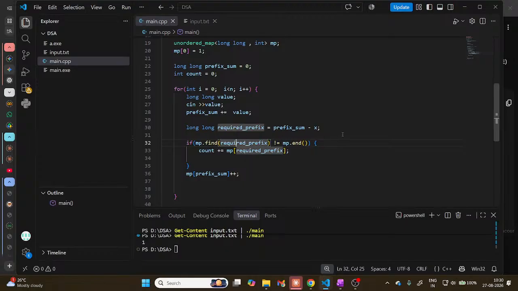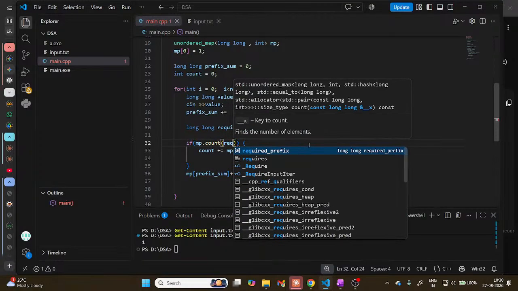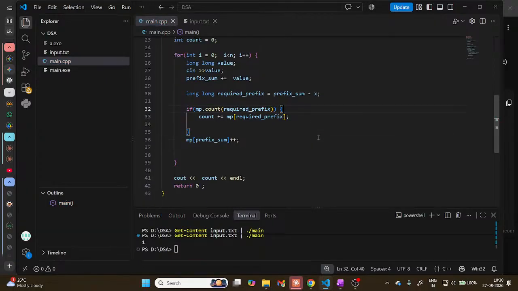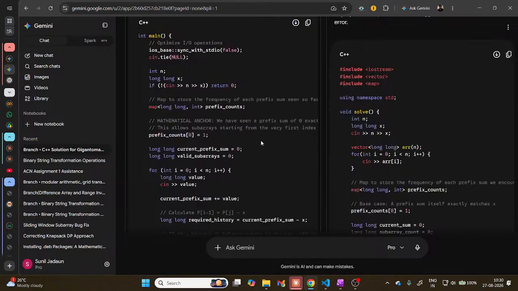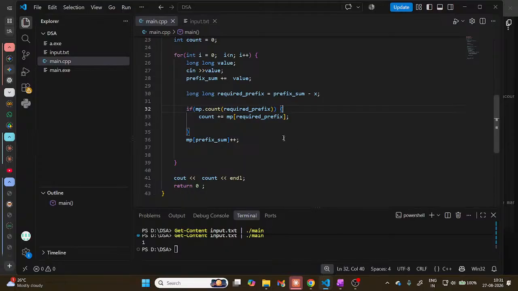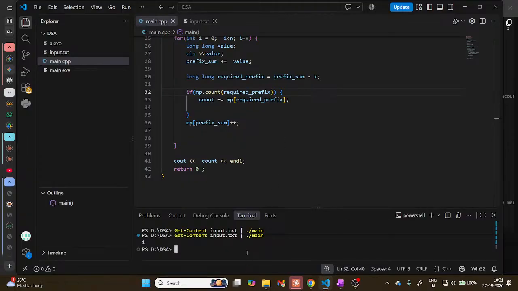Long value, long prefix, and I go for dot count required prefix is there. Okay, fine. And I go.